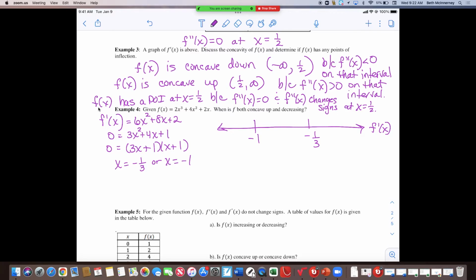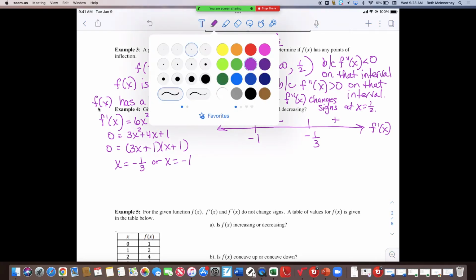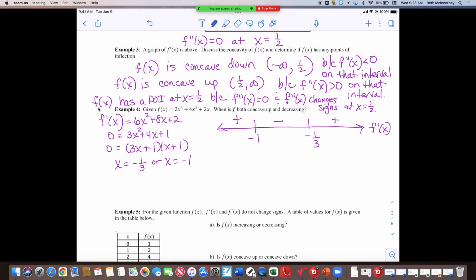All right, so I did that already, and I got plus on the left, negative in the middle, plus on the right. Now I'm going to jump to the second derivative. So that's 12x plus 8. If I set that equal to 0, I could divide by 4. And x is negative 2/3.